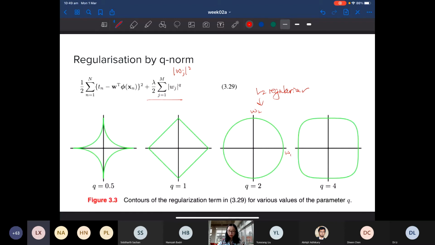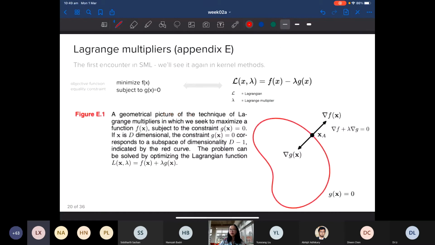So what does this say about the regularized solution of W? Before we look at that, let's first look at what are called Lagrange multipliers. This is our first encounter with this, and we'll see more of it in kernel methods. So we're just going through a few key intuitions here.